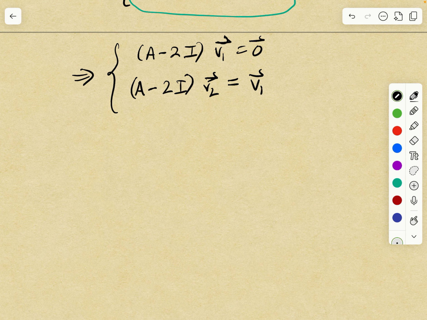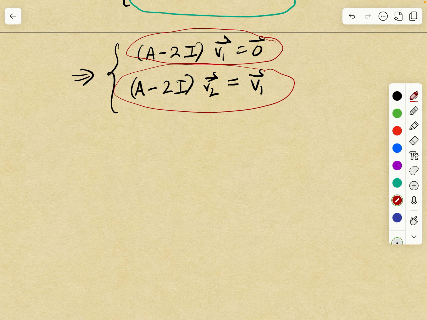So first we find v1. Okay, so first we solve this equation. v1 is in the null space of A minus 2I. And then once you find v1, you can solve the second equation. Now what's kind of tricky, potentially, is that A minus 2I is not invertible, right? So since it's not invertible, there are going to be some v1s for which there is no v2. And that's something that might potentially happen.